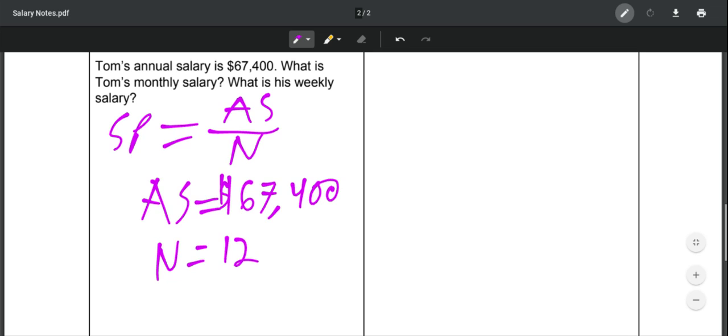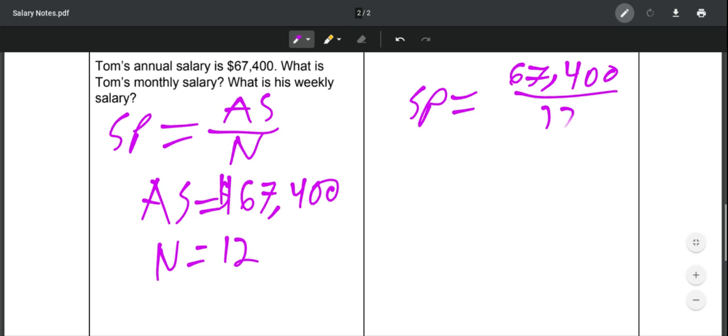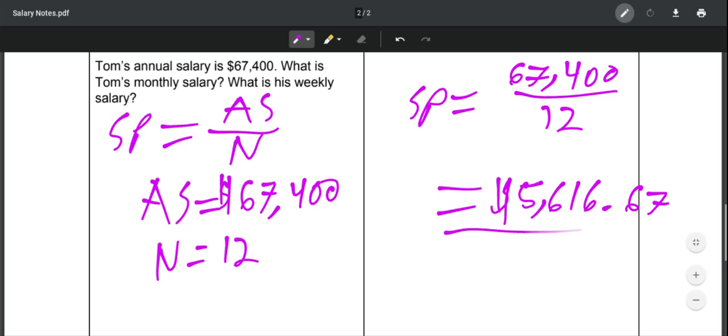So we take that and transfer it over: 67,400 divided by 12 is going to equal around $5,616.67. So that's how much he would get paid per month.